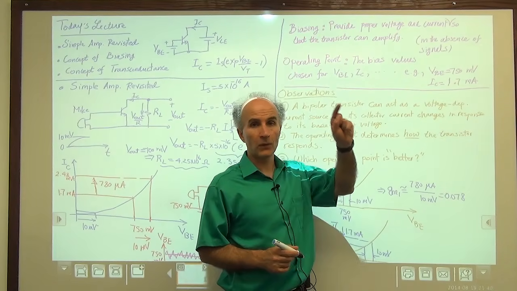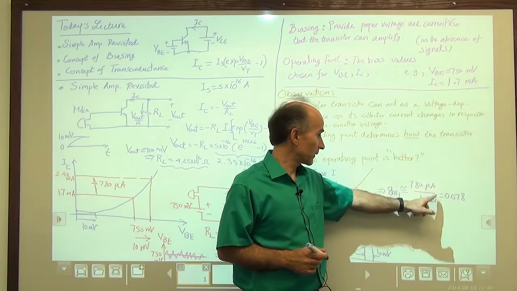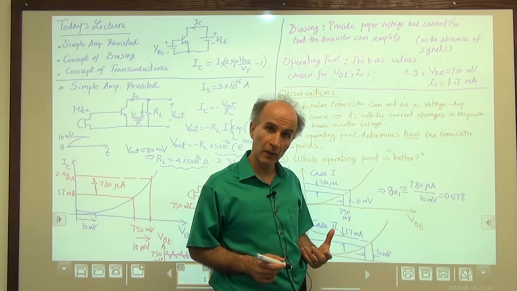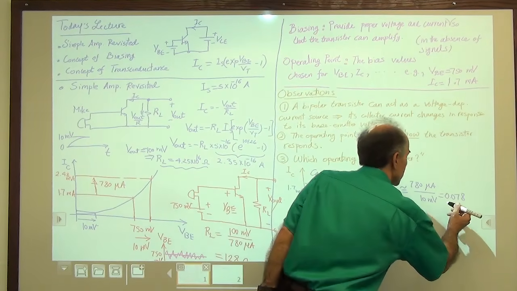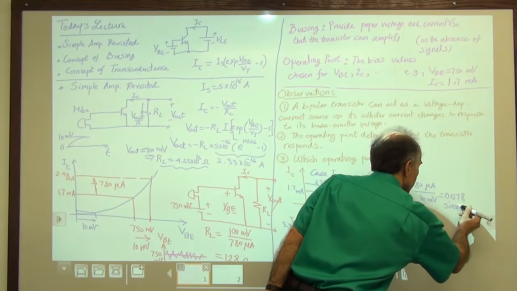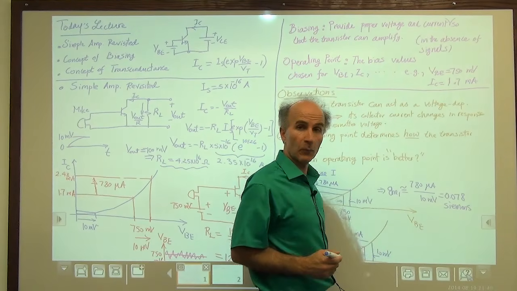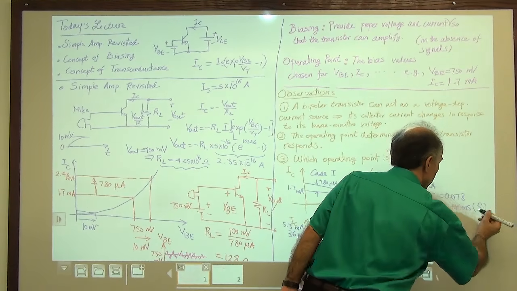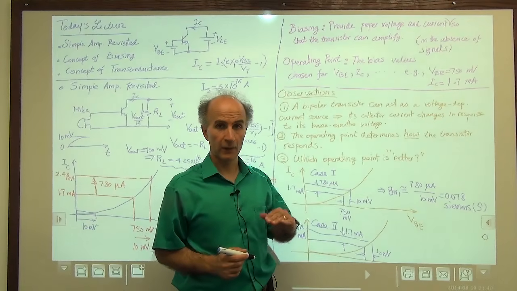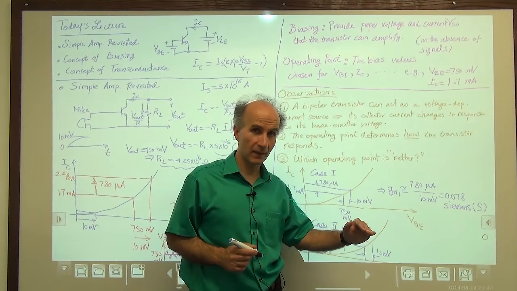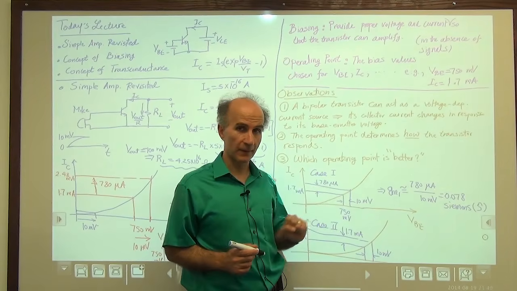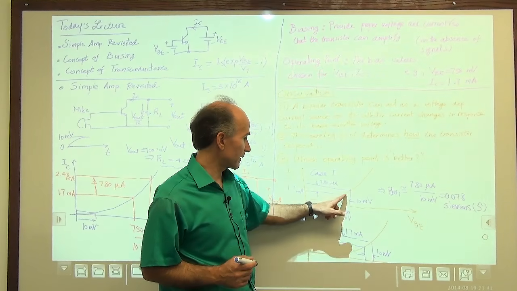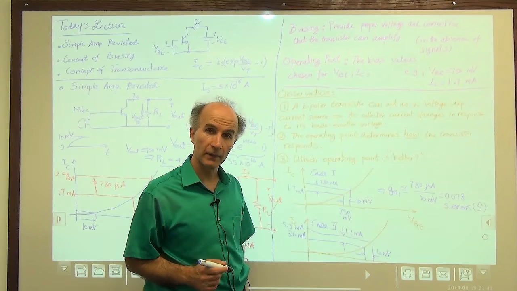The unit is amperes over volt. Amperes per volt has a name in electrical engineering. We call that Siemens. And the symbol for Siemens is capital S, not to be confused with lowercase s. Lowercase s is used for seconds. Uppercase S is used for Siemens. Okay, that's our estimate of the transconductance of the transistor here in case 1.